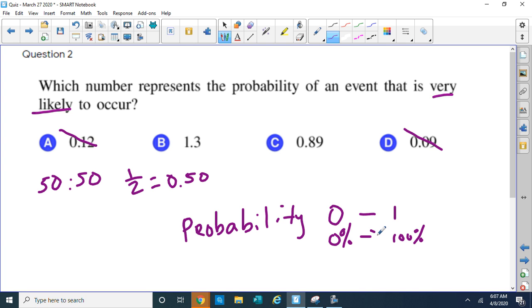So the probability is somewhere in between those two numbers. So I'm going to go with choice C, and that's like 89% if you change it to a percentage. That's a pretty good chance of happening. Choice B is over a 100% chance, and there is no such thing. You can't have higher than 100%. So that's why choice B is incorrect. So I hope you chose choice C.